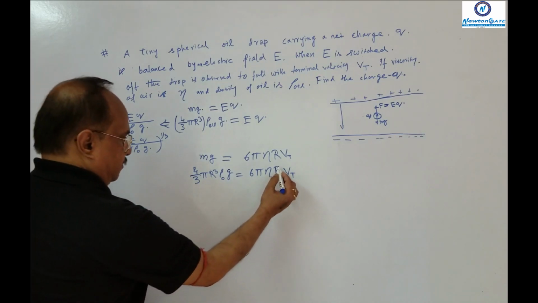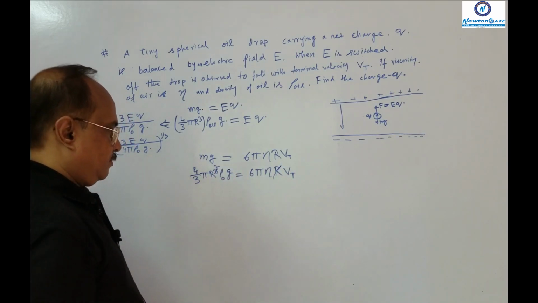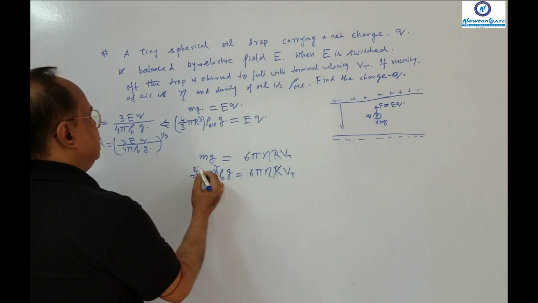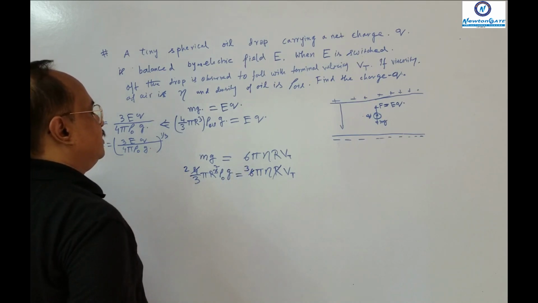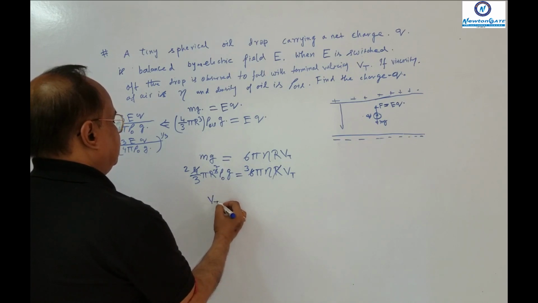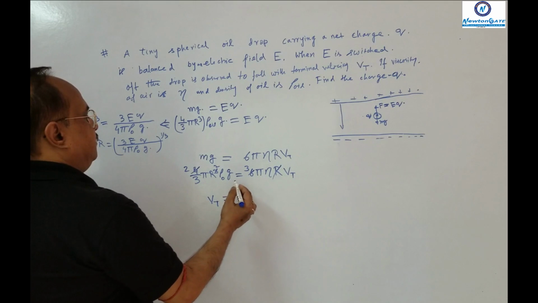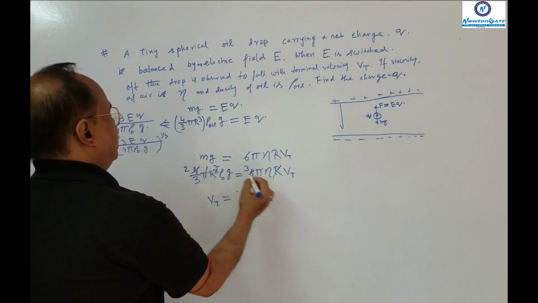Now this r and this r get cancelled, this is squared, and you can see this 2 here and this 2 cancel out with 3. That means the terminal velocity Vt is equal to, I am getting 2 pi, this pi also gets cancelled out.